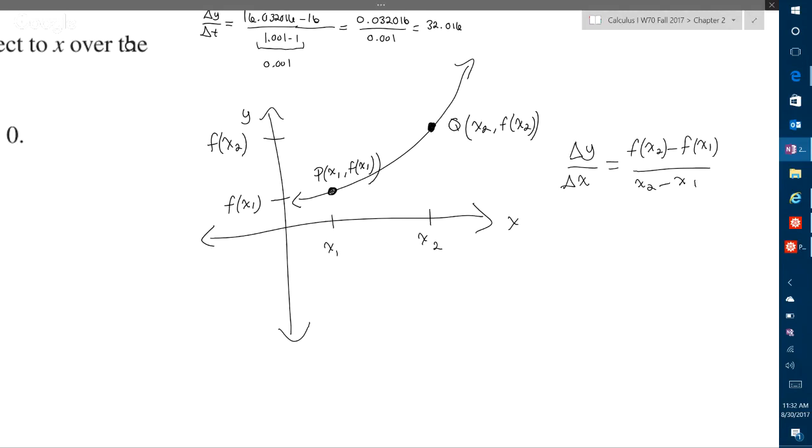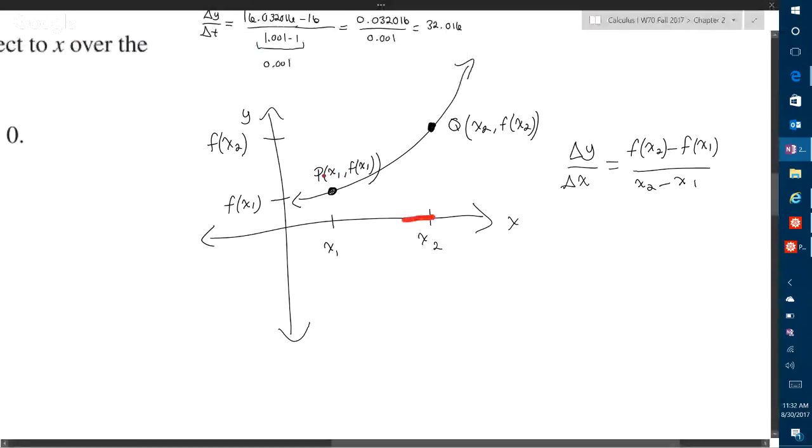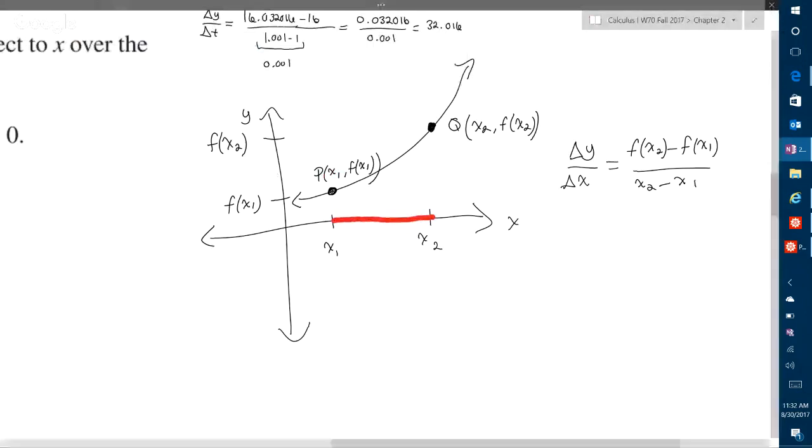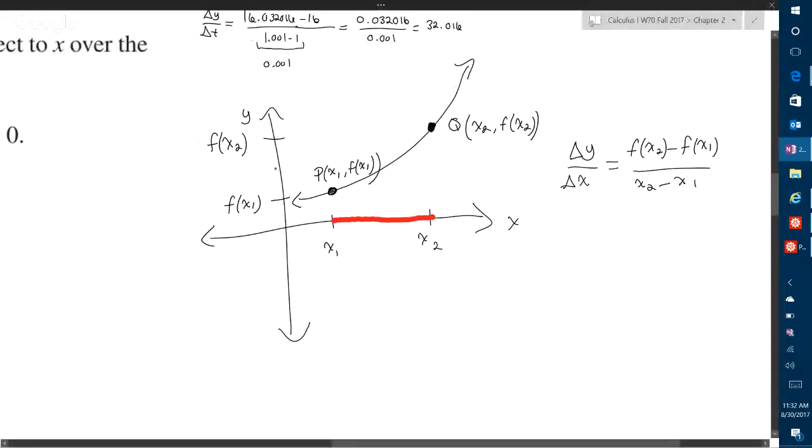Now this interval down here, I've talked about at length what it's equal to. This is the change in x, but what's that equal to? H. It's the same as h, the length of the interval.